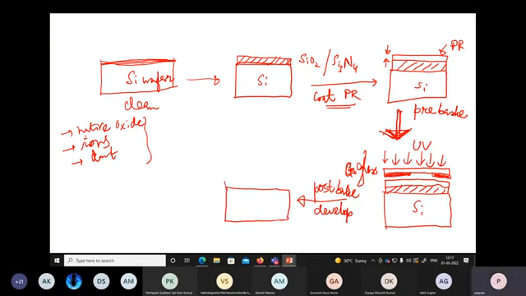This is my oxide layer, and when you use developer, the resist here will remain.